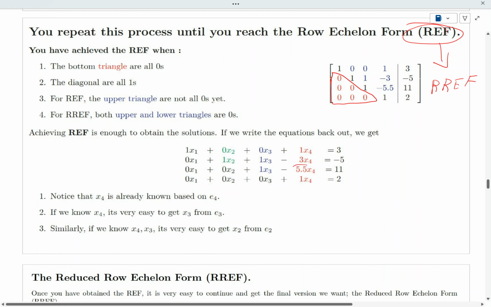So 1 times 5.5, adding them together will cause the 0. 1 times 3 would zero this out, and 1 times minus 1. So you basically set 1, zero them out, set 1, zero them out, set 1, zero them out, get the 1 here. Then you zero these out, and zero these out. And that will give you the reduced row echelon form.